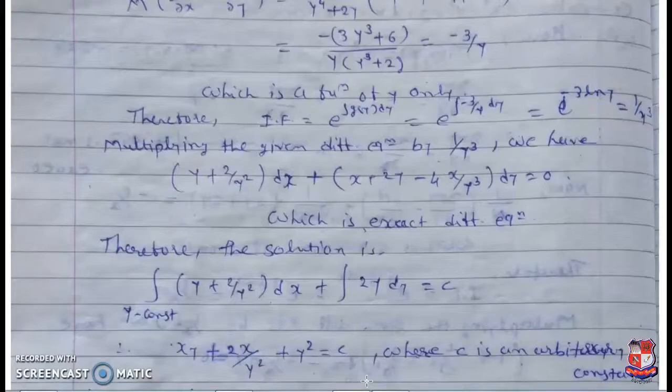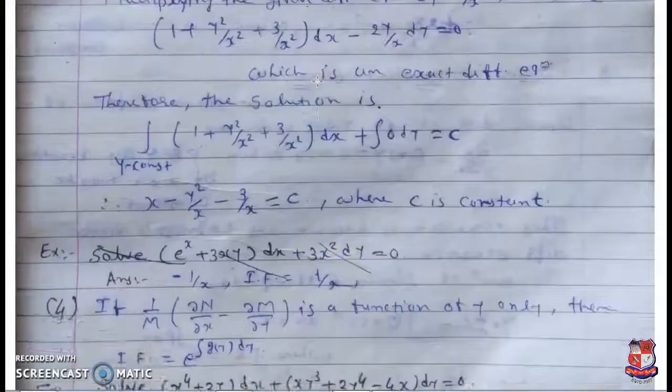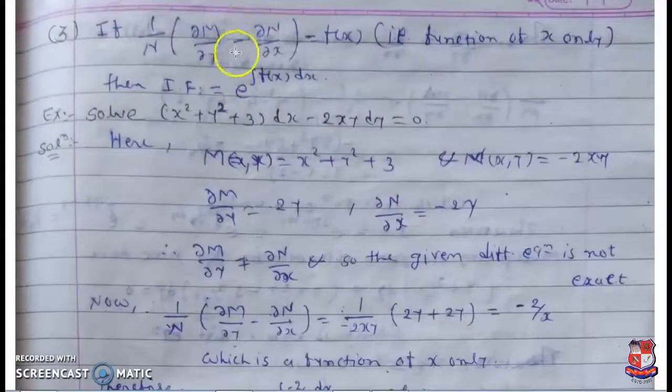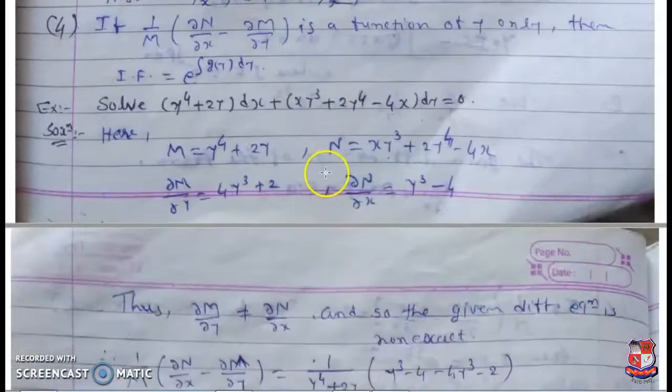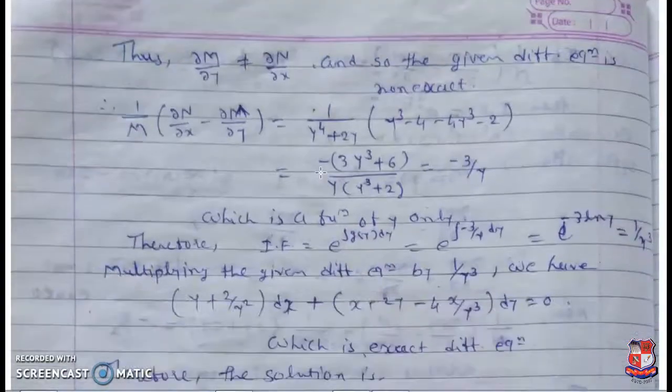The second form is f(xy)·y dx plus g(xy)·x dy and Mx minus Ny. The third and fourth cases we check directly: (1/N)(∂M/∂y minus ∂N/∂x), which gives a function of x only, and in the fourth case (1/M)(∂N/∂x minus ∂M/∂y), which gives a function of y only. That's it.